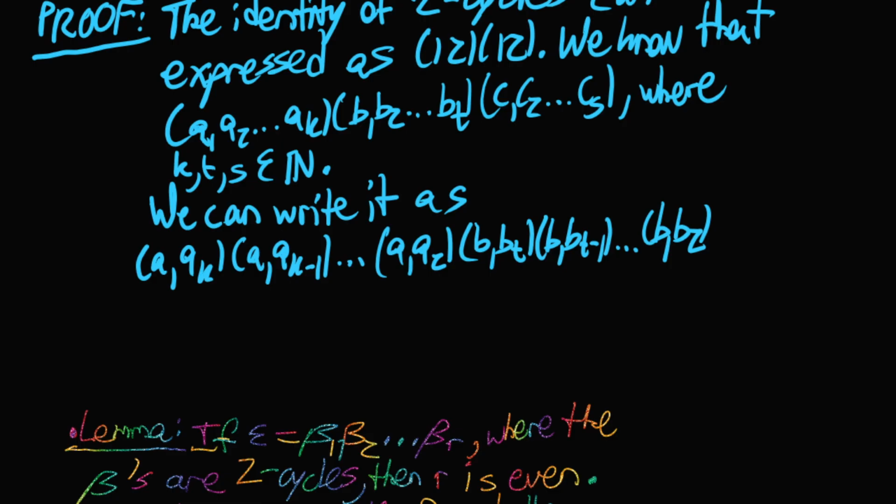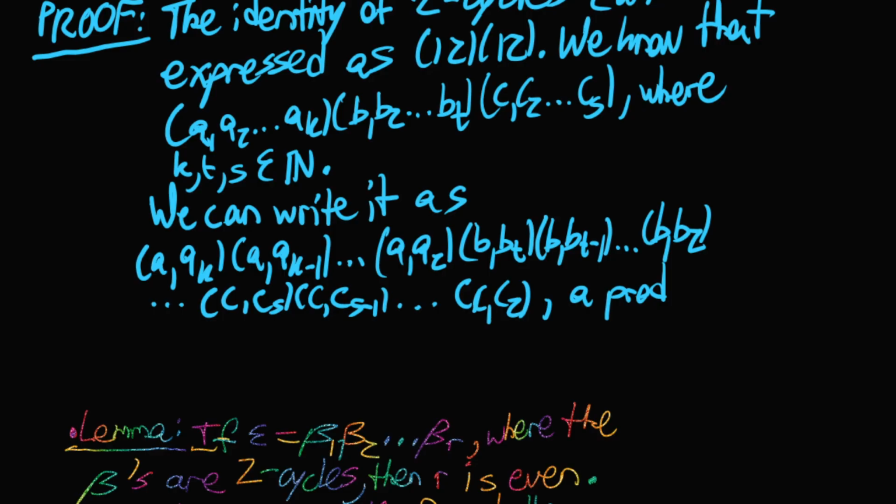And then if we keep going, we will get to (C1 CS)(C1 CS-1), all the way to (C1 C2), which is a product of two cycles as desired.